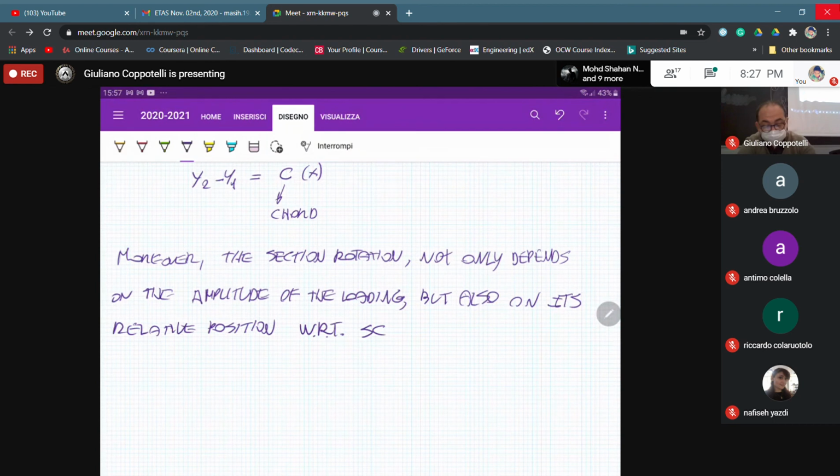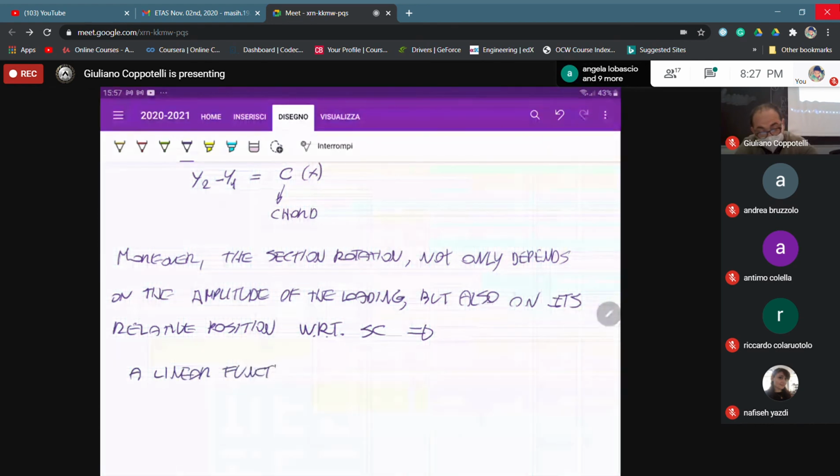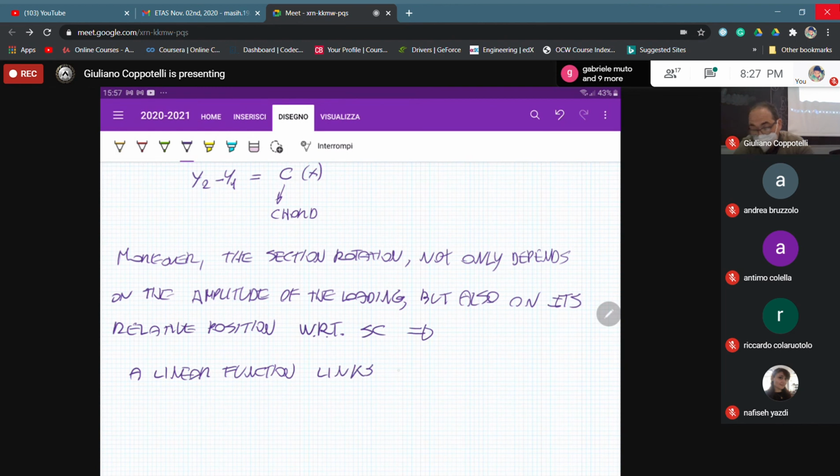Okay, and for that we can think that a linear function links the rotation with this position of the applied load. Let me call that YA.